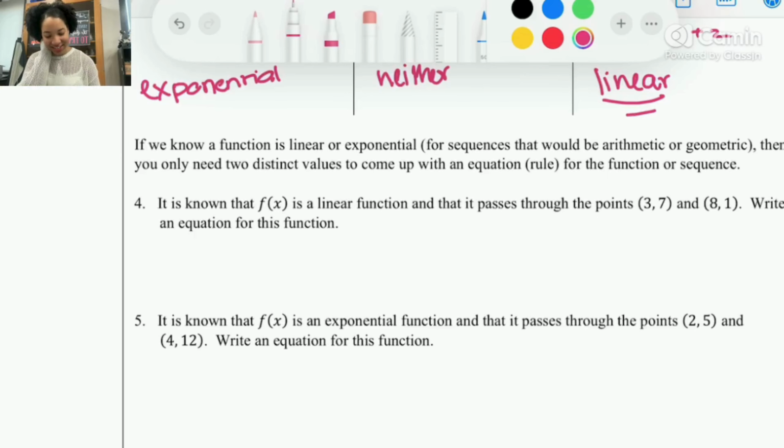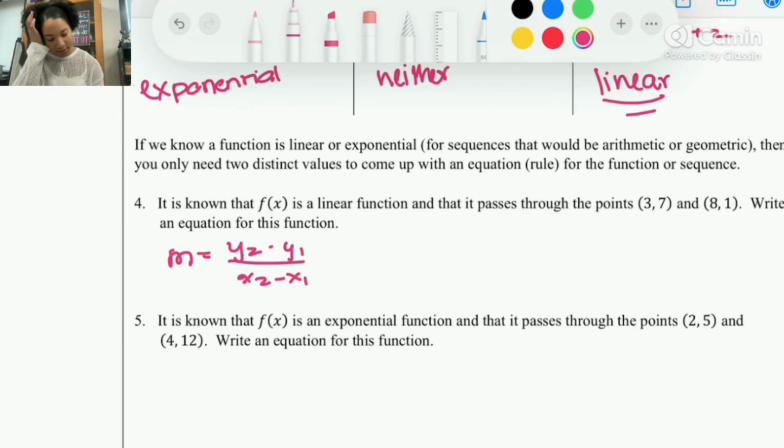So next we're going to make the point slope form equation, and we're going to convert that into the arithmetic sequence equation that we saw earlier in the notes. So first we have to find the slope between the 2 points (3, 7) and (8, 1). So m is y2 minus y1 over x2 minus x1.